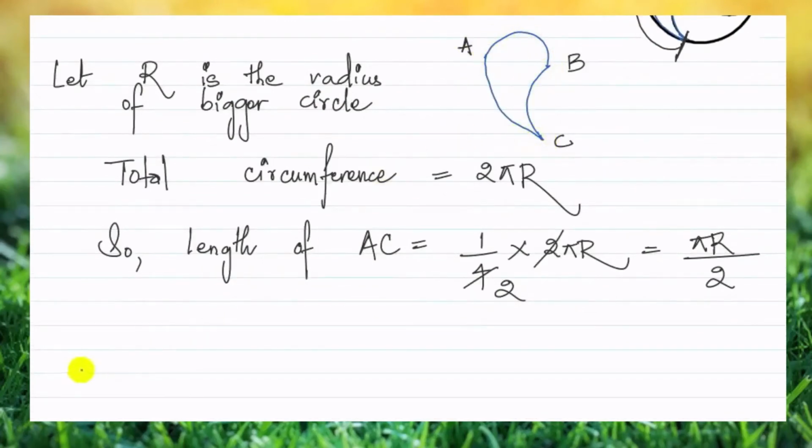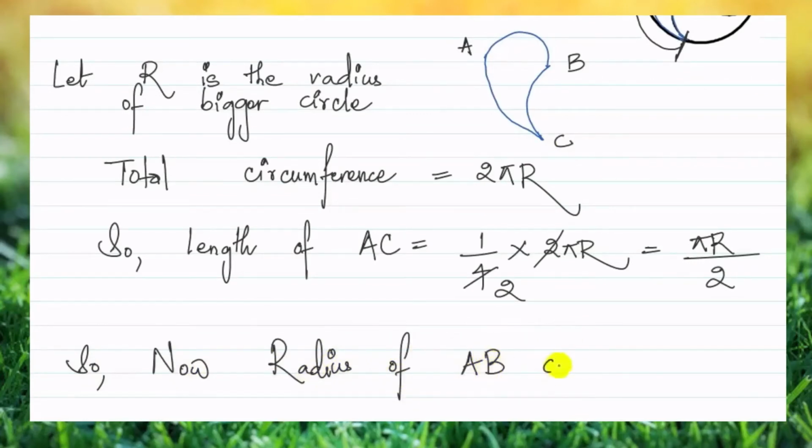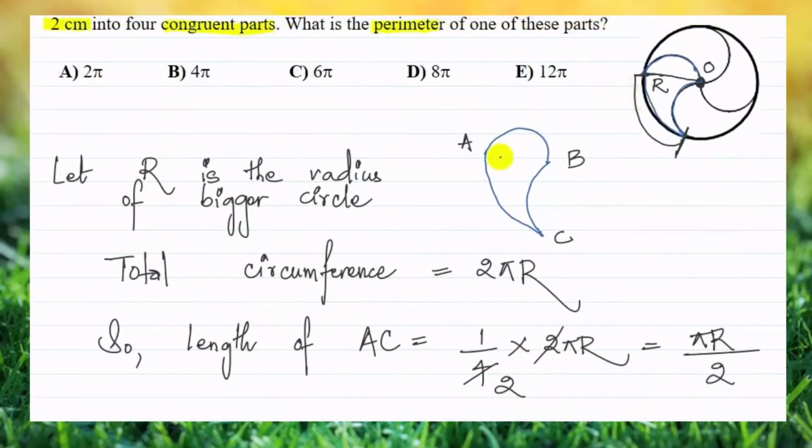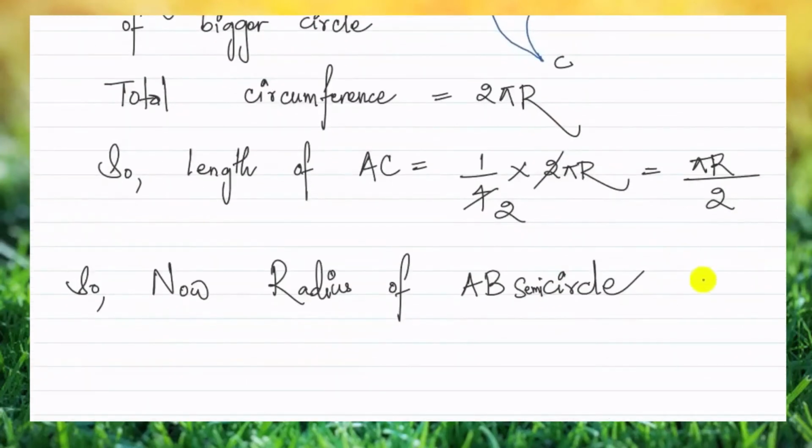Now, what is the radius of the AB semicircle? If we see, suppose this is AB, the diameter is R. So the radius will be R by 2.